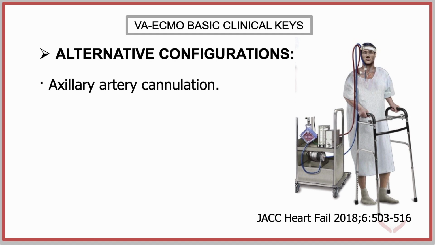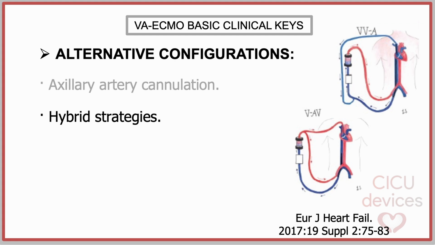By avoiding femoral access, it facilitates patient mobilization and early rehabilitation, an increasingly important goal in patients expected to require prolonged mechanical circulatory support. Further hybrid cannulation strategies may be used, depending on the patient's anatomy and the specific clinical goals, allowing the ECMO configuration to be tailored to individual patient needs.